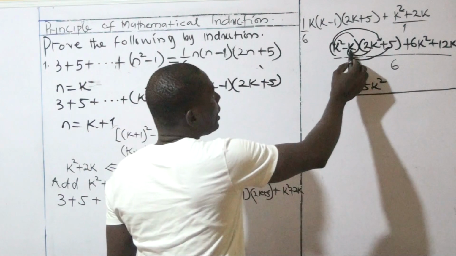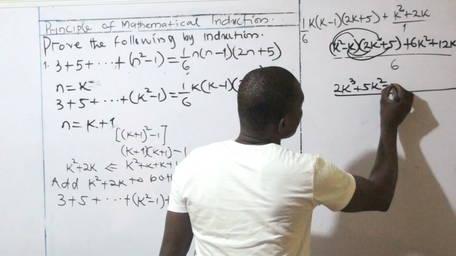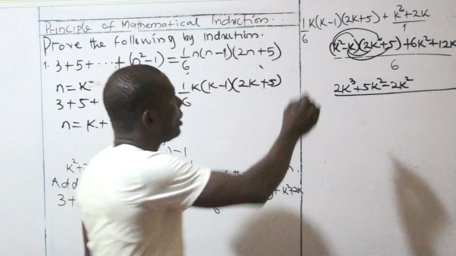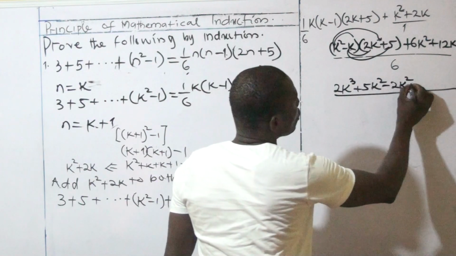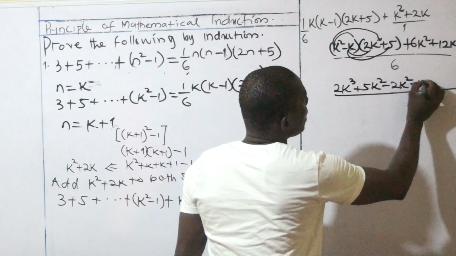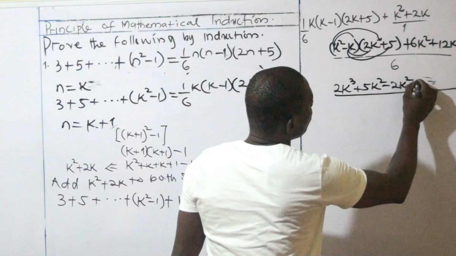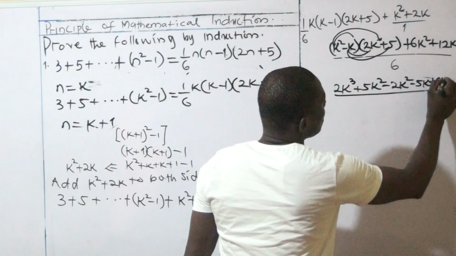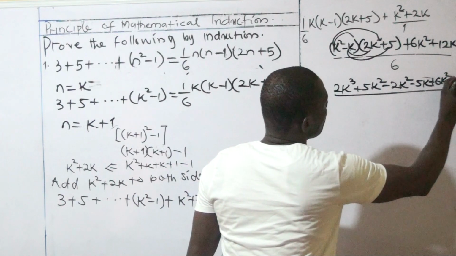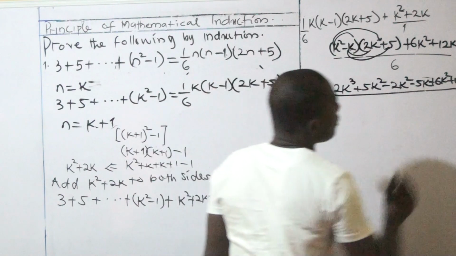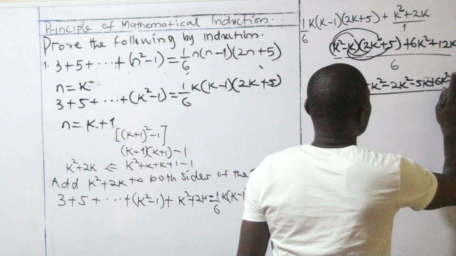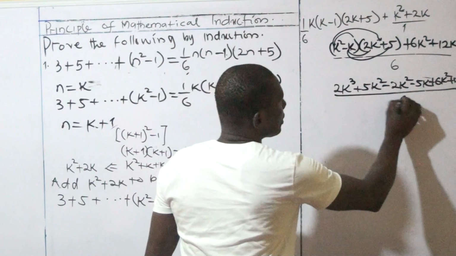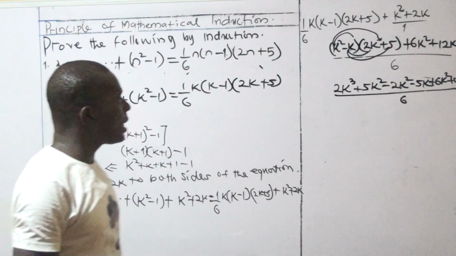Then minus k times 2k will give us minus 2k squared. Minus k times plus 5 will give us minus 5k. Plus the terms we have here, 6k squared plus 12k, all over 6. So we will collect terms that are related.